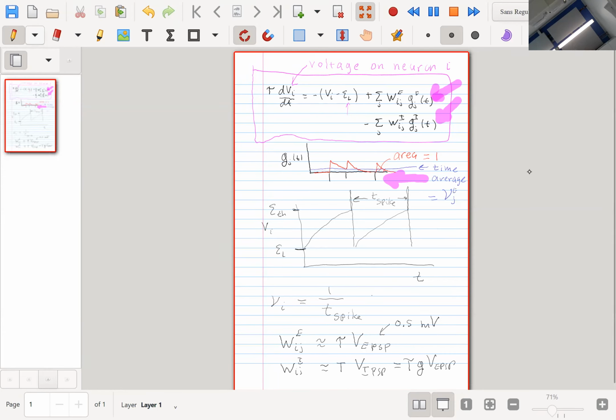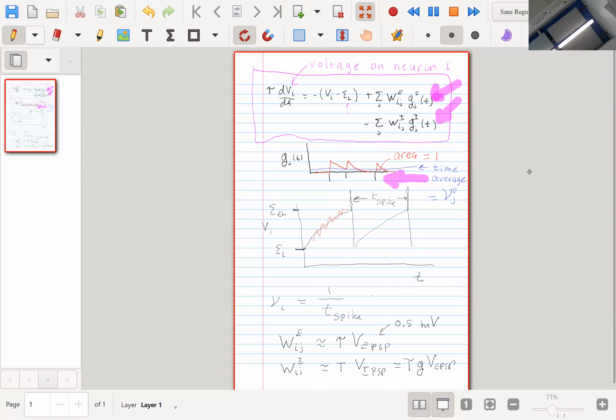Okay, we saw that last time. So as a first pass, we're going to replace these fluctuating time-dependent terms by just firing rates and get an estimate of what the firing rate of our neuron is going to be. When we put fluctuations back in, instead of smooth things, we're going to get something like that.